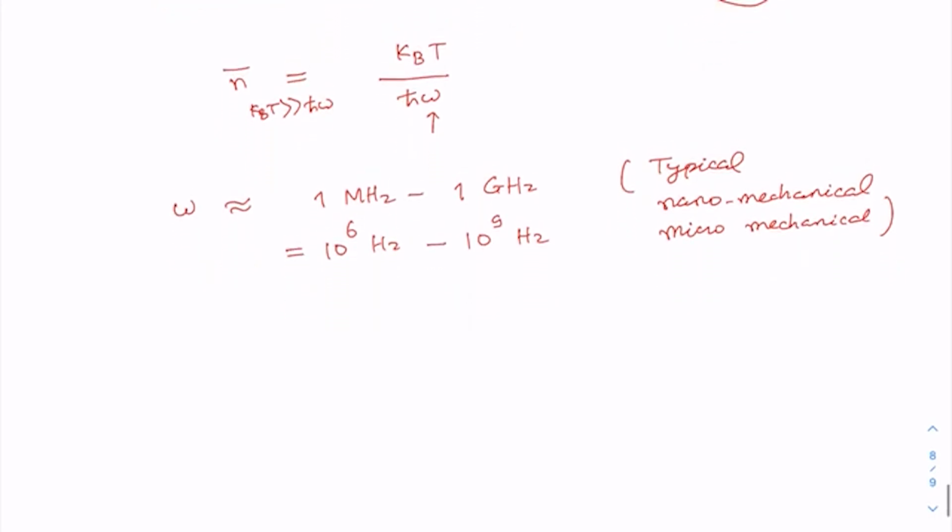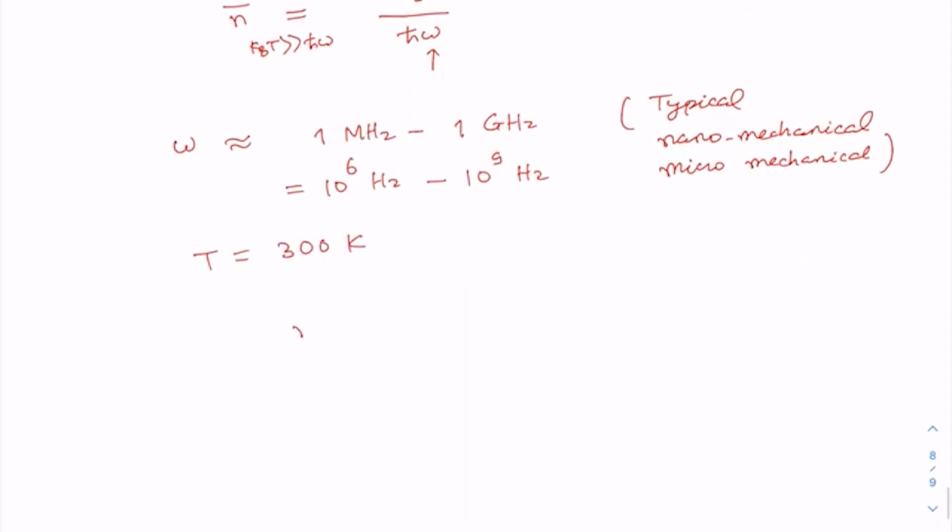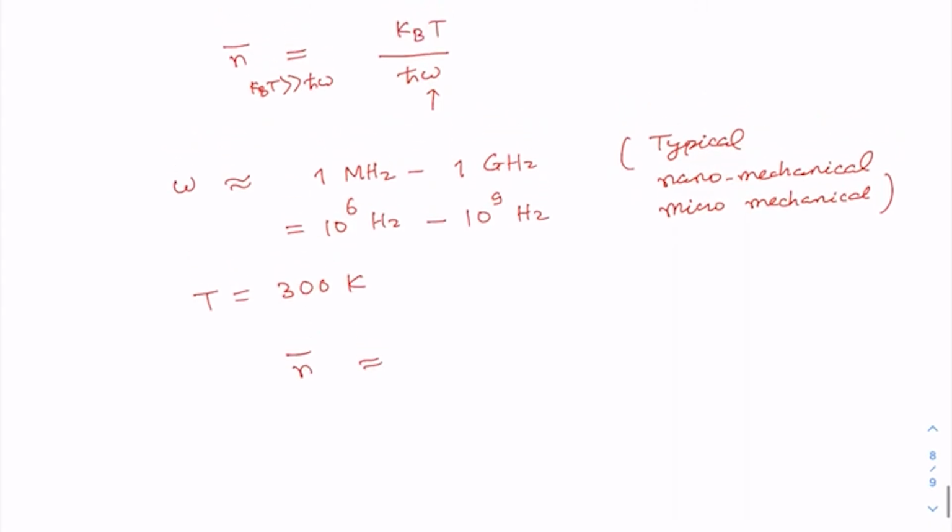Then if you put the numbers, suppose at room temperature T is equal to 300 Kelvin, then you will find that the mean number of quanta would turn out to be around 10 to the power 4, which is a very huge number, and that's why you cannot observe the quantum behavior of this kind of oscillators at room temperatures, right?